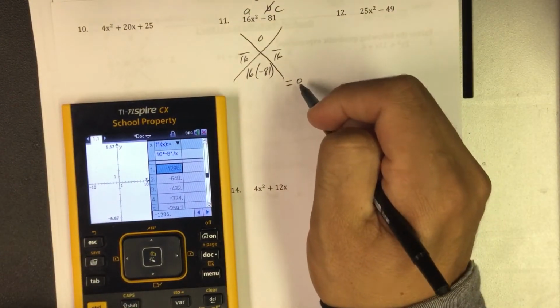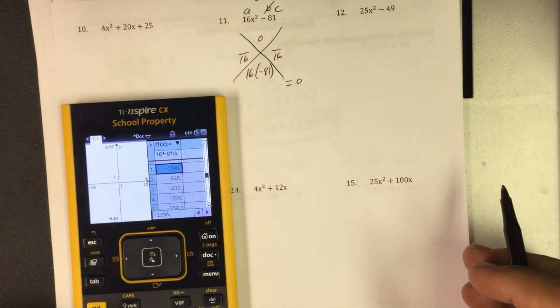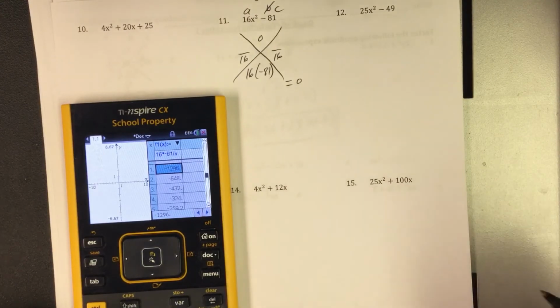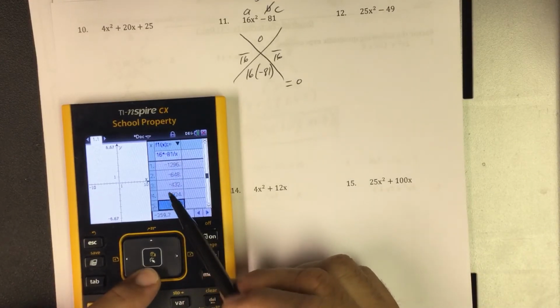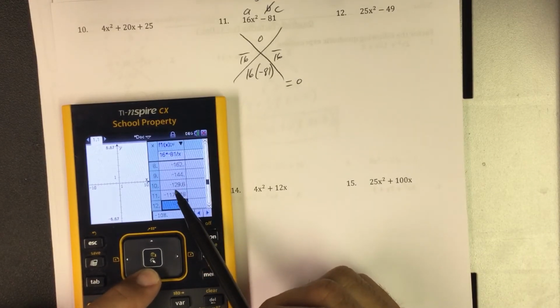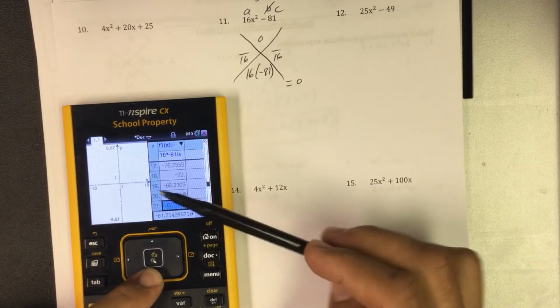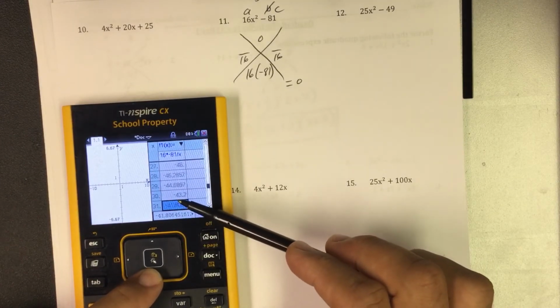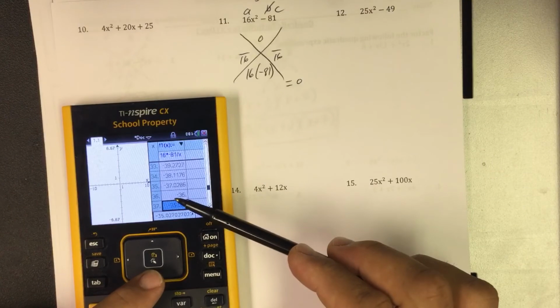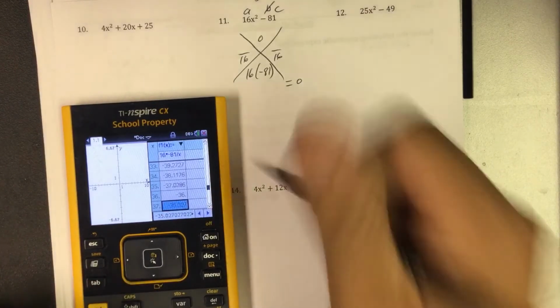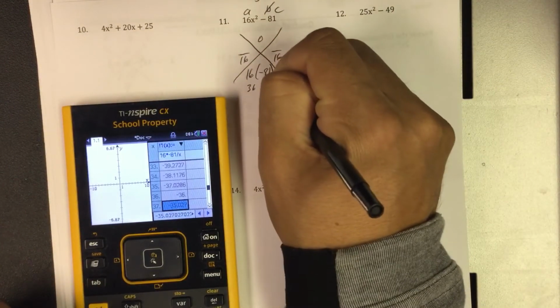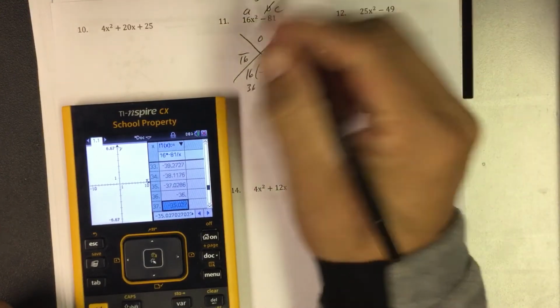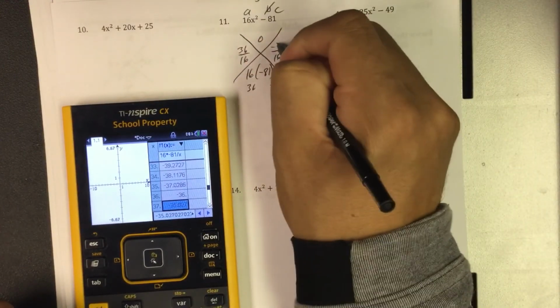If I want it to equal 0, what numbers add up to 0? 1, negative 1. 10, negative 10. 100, negative 100. So I need to make these the two numbers that are exactly the same, except one is positive and one is negative. So I just keep scrolling down until I find the one that has the same digits. There you go, 36 and negative 36.